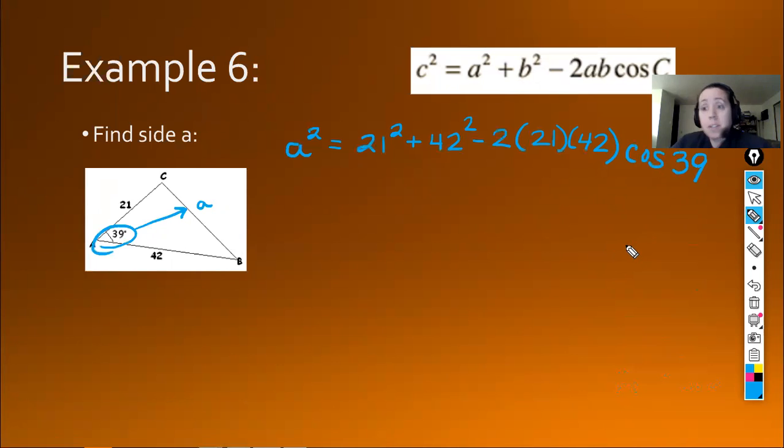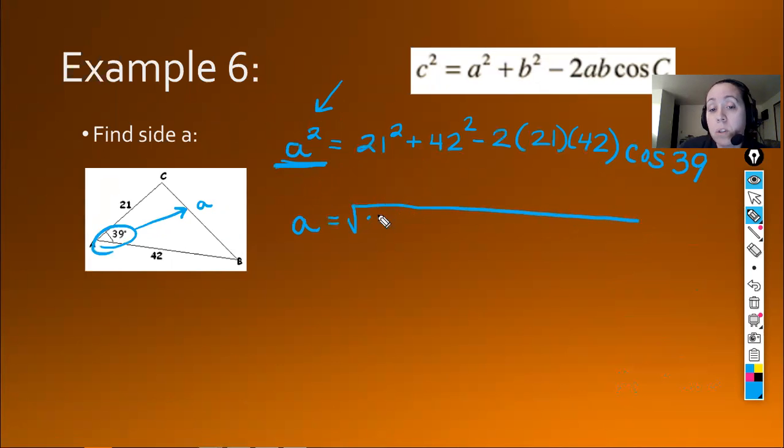And what I'm going to do is go straight to Desmos and type this in. I'm going to make one little change. The only way to type it all in and get that answer is to cancel this squared sign out. So if I rewrite this just so A is by itself, this would be the square root of 21 squared plus 42 squared.